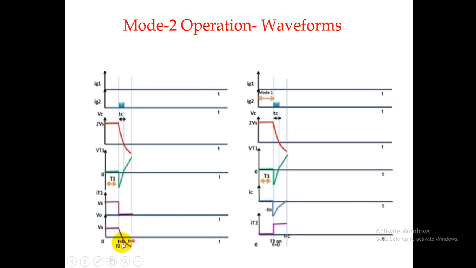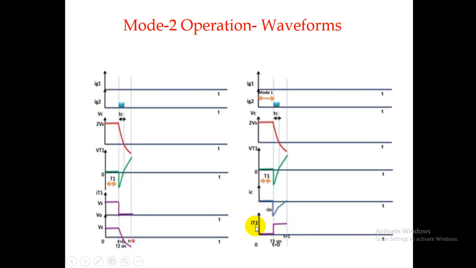Means from t equal to 0 to t equal to 0 plus condition, T2 is on and T1 is off. When we see the current passing through the capacitor, it is in discharging mode, discharging current, that's why we are getting the current values like this.